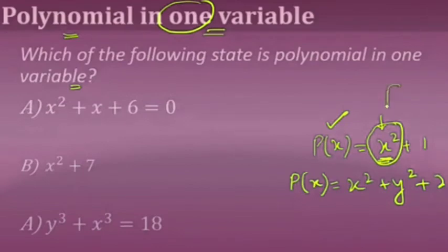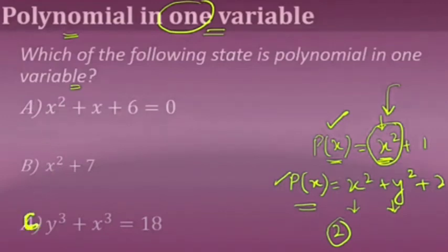Now in the second one we can see p(x) is equal to x square plus y square plus 2. Here two variables are there, x and y. So the second example is a polynomial in two variables, and the first example is a polynomial in one variable.